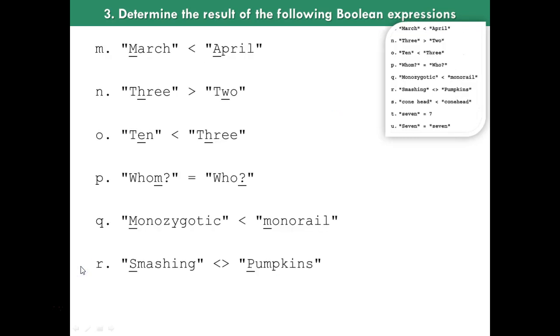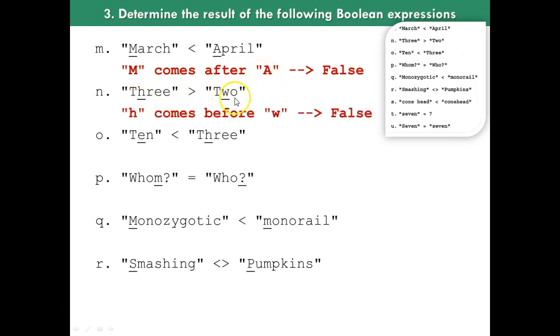These comparisons continue the string comparisons, and in some of these cases you've got same case with same case comparisons. So for example, March and April, the capital M and the capital A are being compared. In the second case, you have 2 lowercase letters being compared. Notice how I've underlined all of the letters that are becoming important in the comparisons.